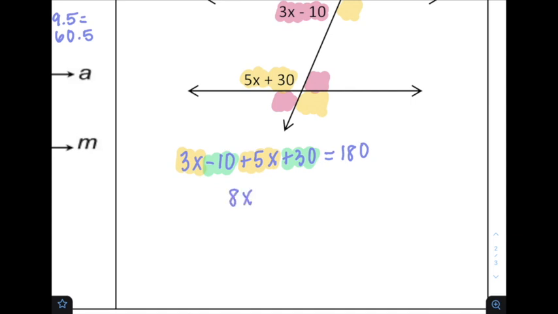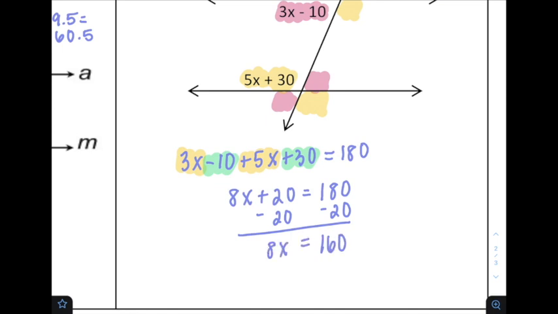So I have 8x plus 20 equals 180. If I subtract 20 from both sides, I will get 160 on one and 8x on the other. Then since 8 and x are connected by multiplication, I need to separate by division. So x is going to equal 20.